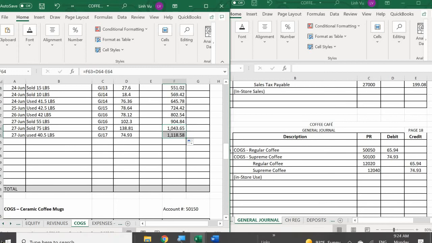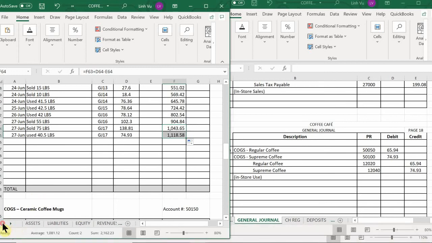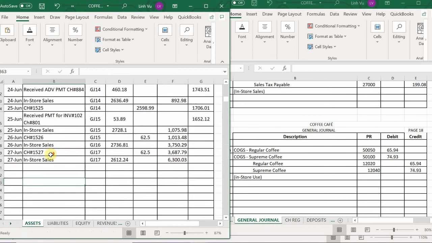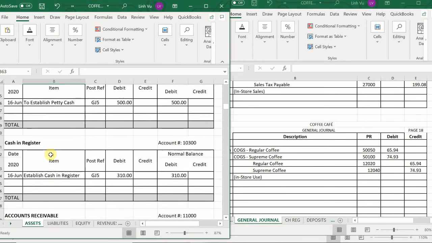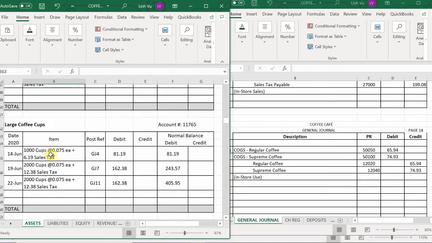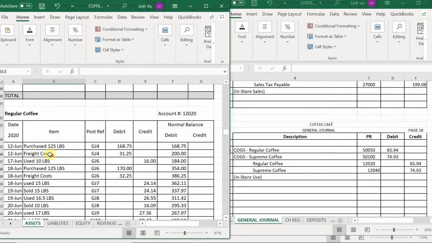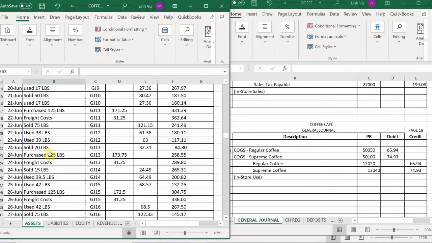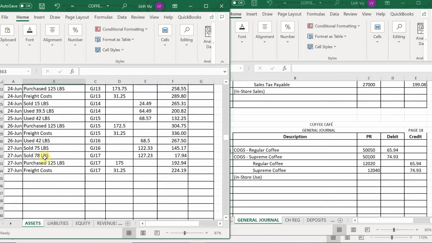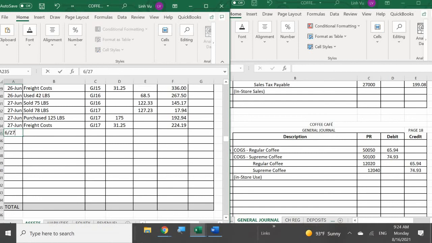And next account is regular coffee. Regular coffee, here we are. We used 40 pounds. About $65.94.